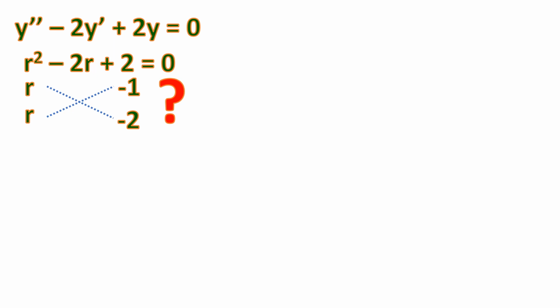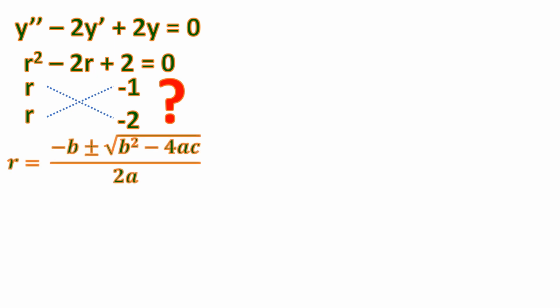So the last resort is to use the quadratic formula. So it's -b plus minus square root of b squared minus 4ac all over 2a. So this is the basic formula to find the roots of a quadratic equation.